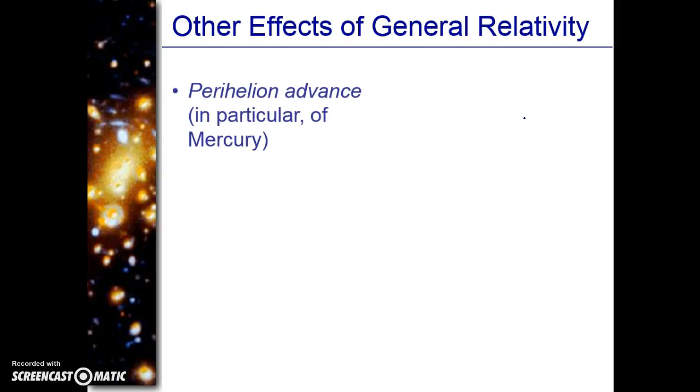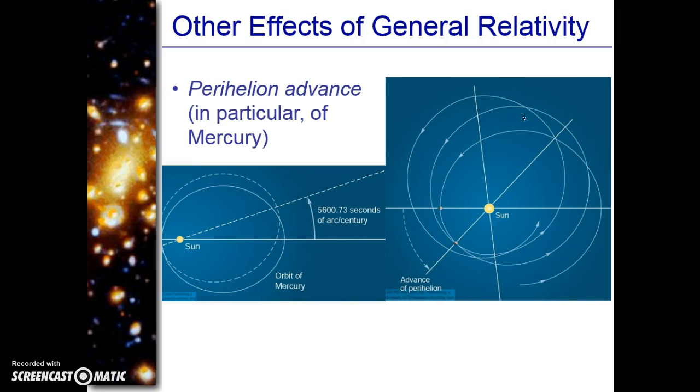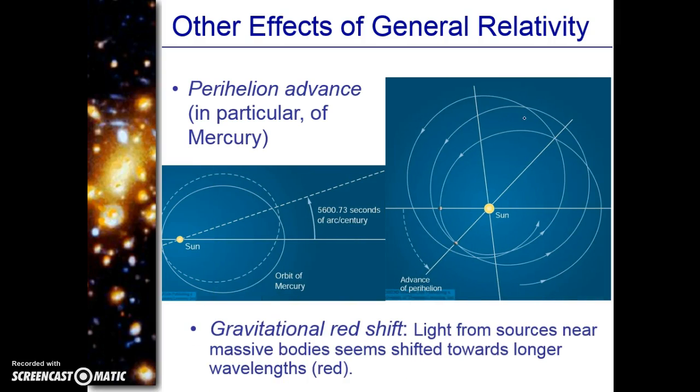All right, so another effect of general relativity: Kepler noticed that Mercury went around in its orbit and did a precession. Let's say this again: its orbit precesses, which means there's a slow change in the direction of the orbit. They came up with 5,600.73 seconds of arc per century where it goes off.